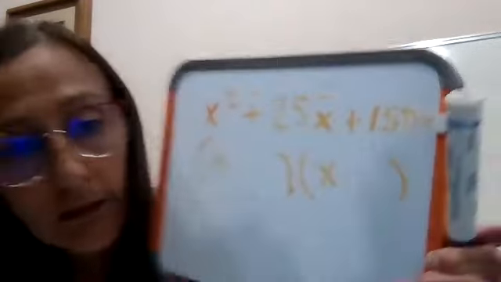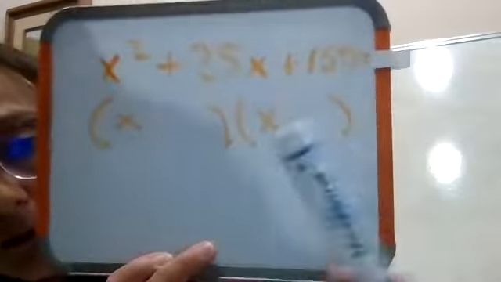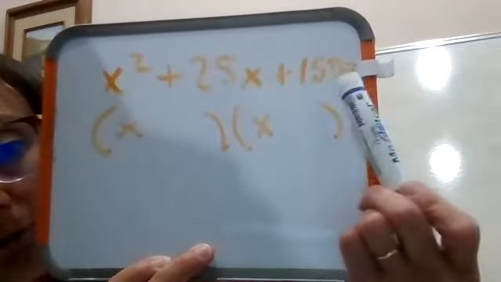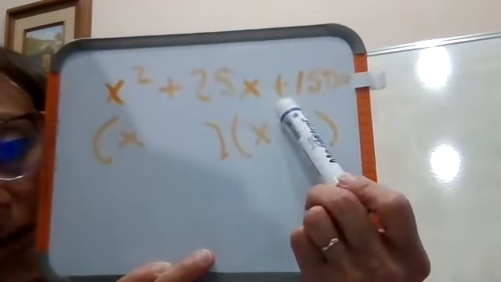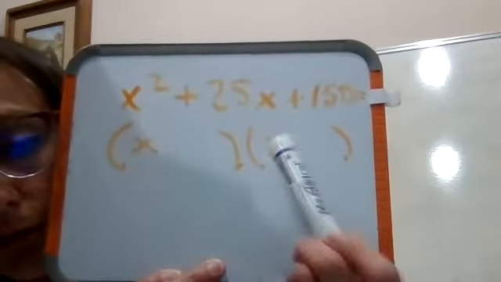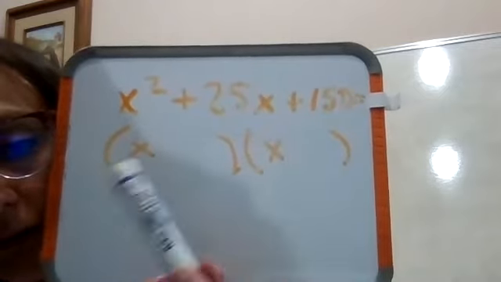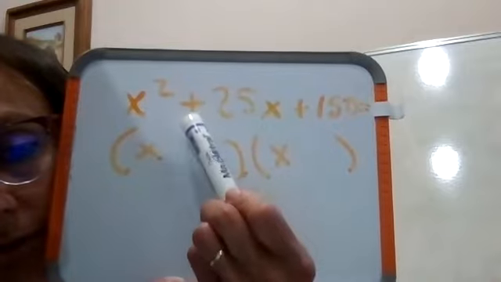Okay. And then we have to have two numbers that multiply to get 150. And check here, we have positive. Positive means that both are the same: cat, cat, or dog, dog. Positive, positive, or negative, negative. And since you have a positive here, it means that both are positive, okay?